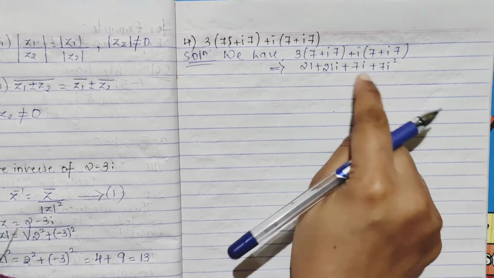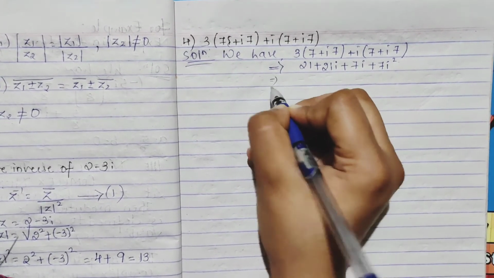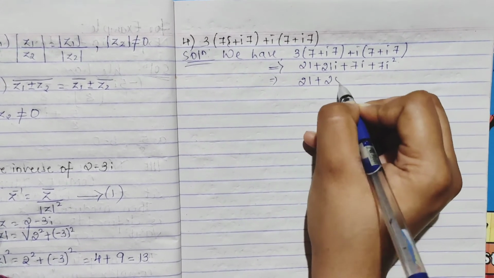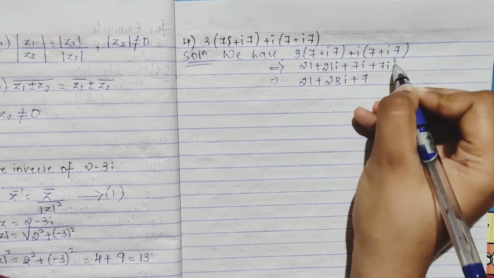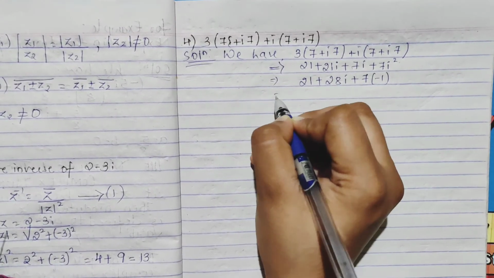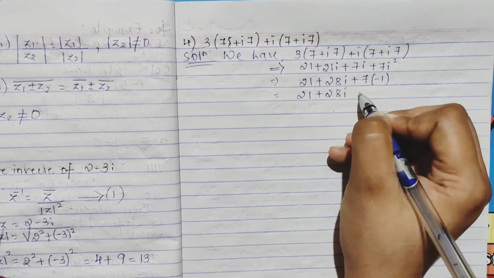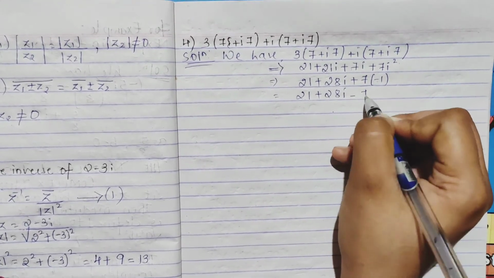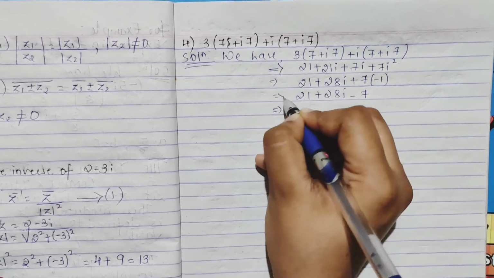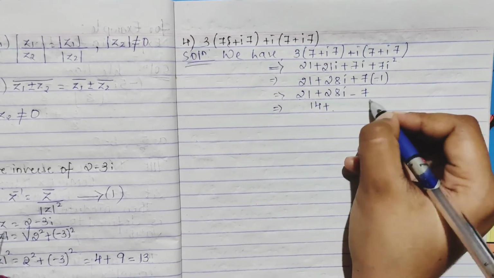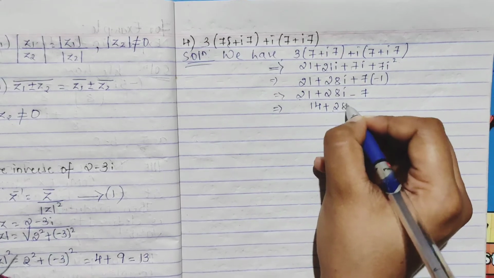Okay, like this directly you can do. Then now 21 plus 21i plus 7i you get 28i plus 7, i squared is what? Minus 1. So you will get 21 plus 28i, and this plus into minus is minus, 7 ones are 7. So 21 minus 7 you are getting 14, your real numbers like terms, plus 28i remains as it is.